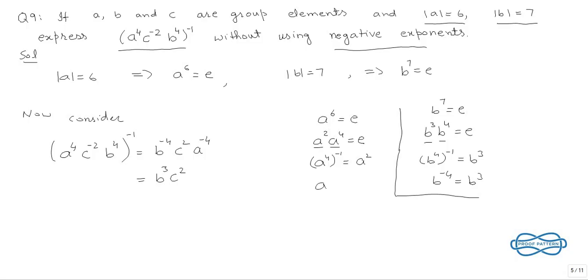And in this way, a raised power minus 4 is equal to a square. So instead of a raised power minus 4, we will write a square, and that is the element without negative exponent, and that is what we want to show.